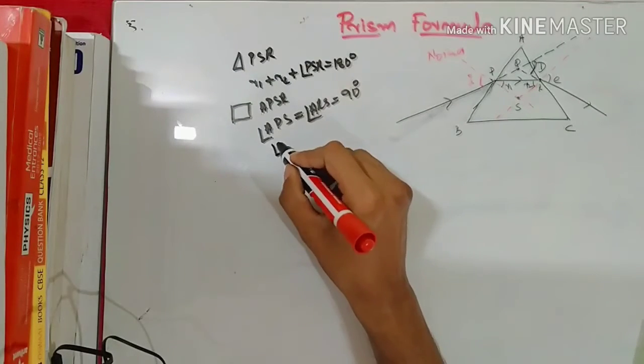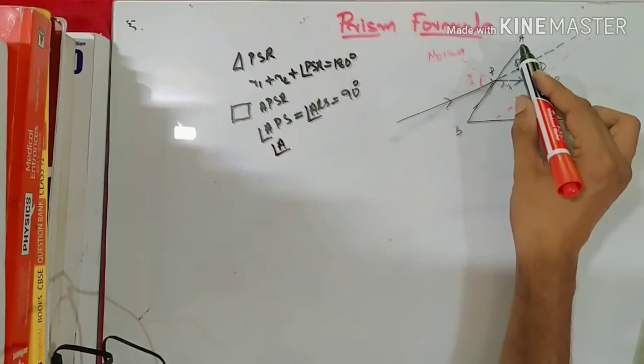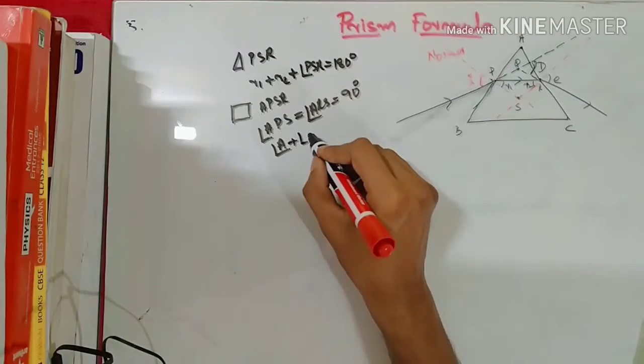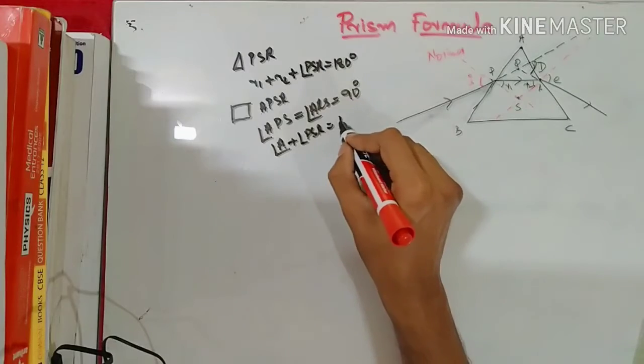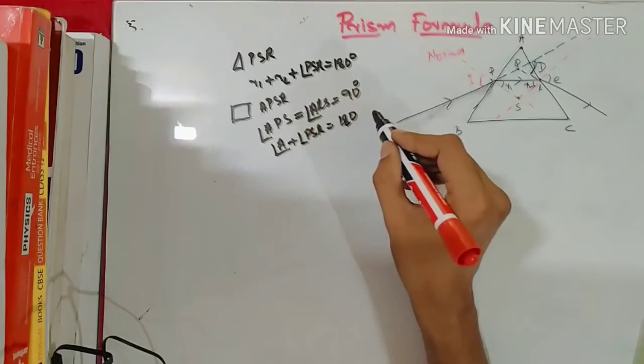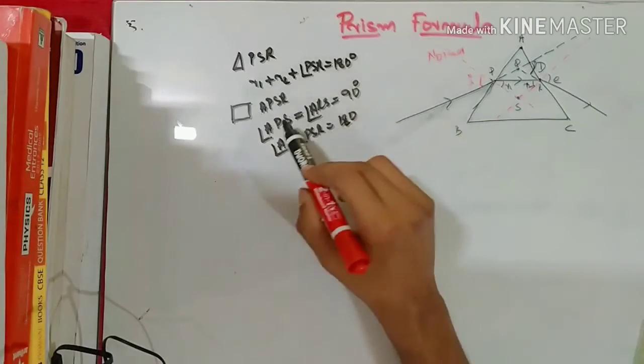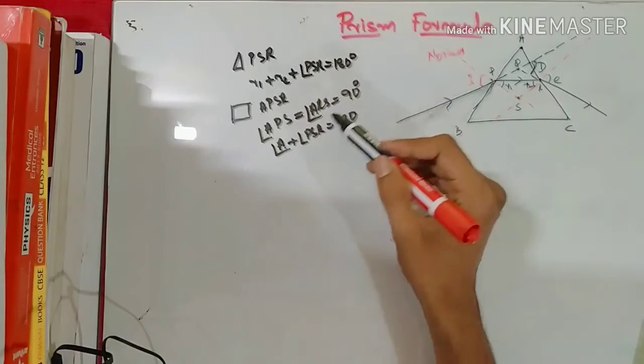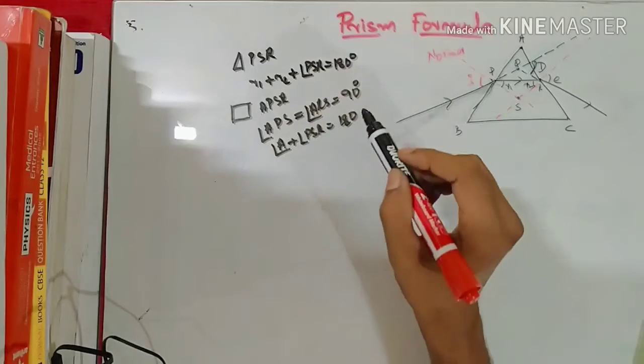We could write angle A plus angle PSR should be equal to 180 degrees, since the total is 360, and two of the angles are 90 degrees. The sum of the other two angles should be 180 degrees.